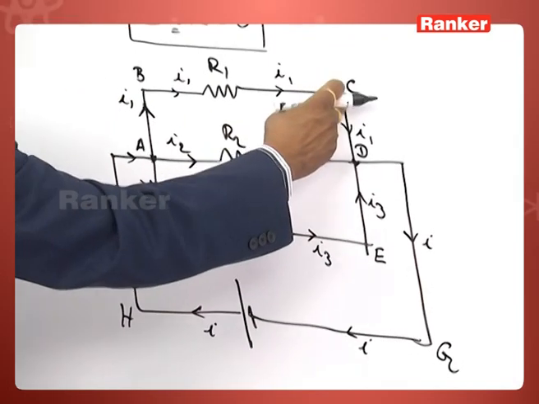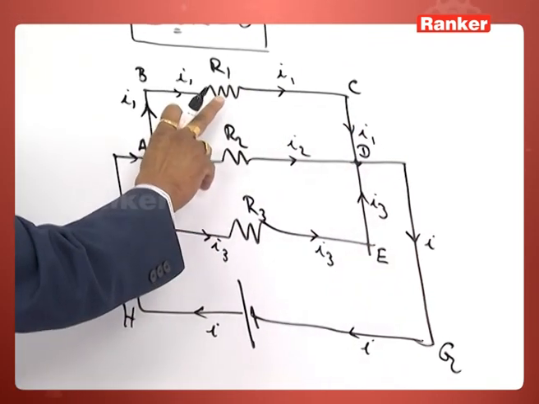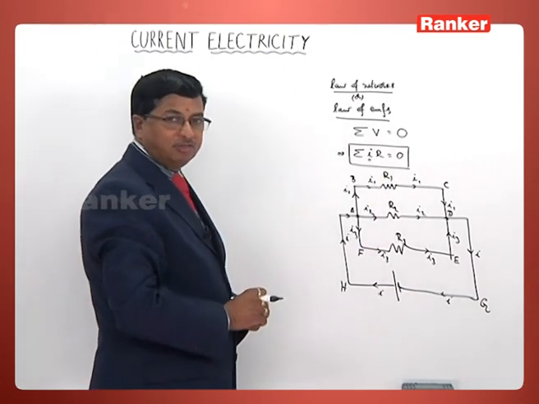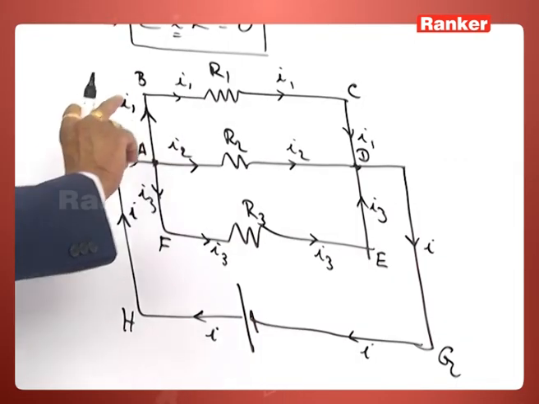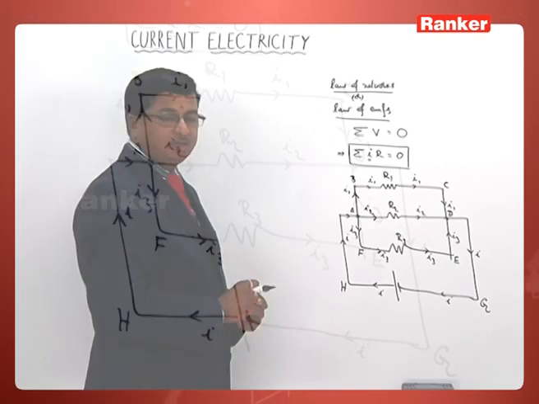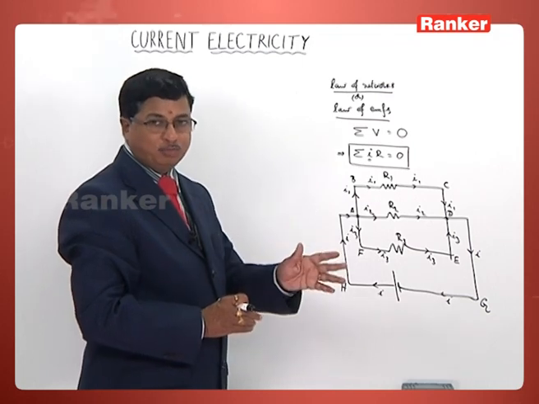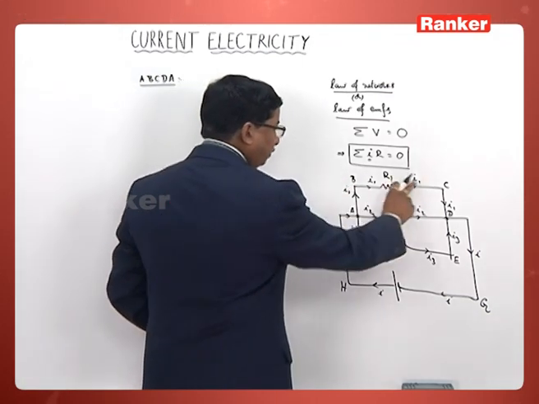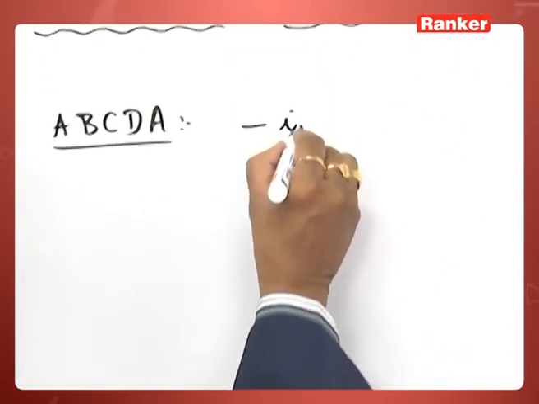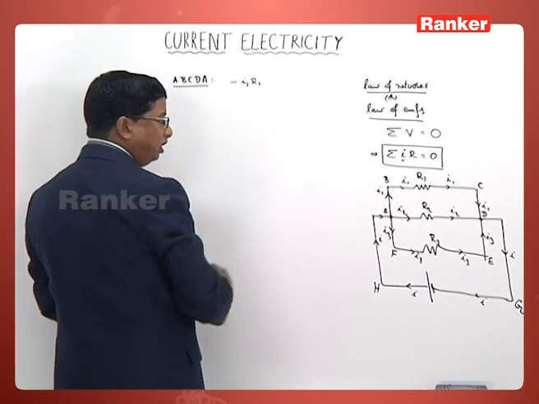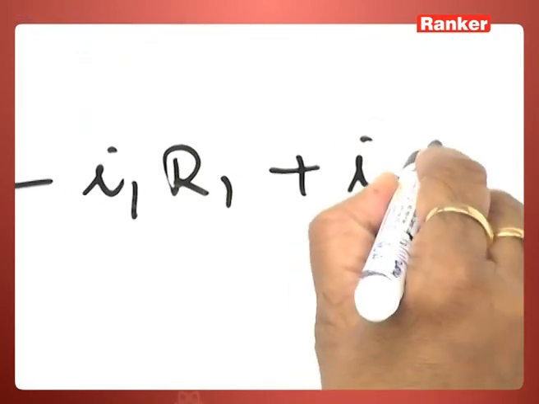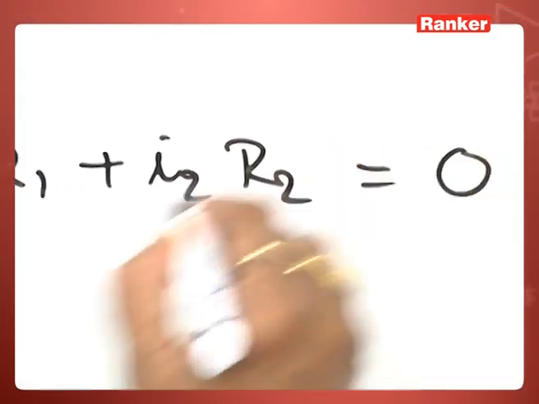Exactly in the same manner, across CD also there is no mention of resistance. Therefore, the product of I and R will be 0 there also. So, no need for us to consider AB and CD because the product of I and R in each case is 0. Only thing we have to check is BC. So, how to write that product over here? It is minus I1 R1. In CD it is 0 plus I2 R2, that is equal to 0.